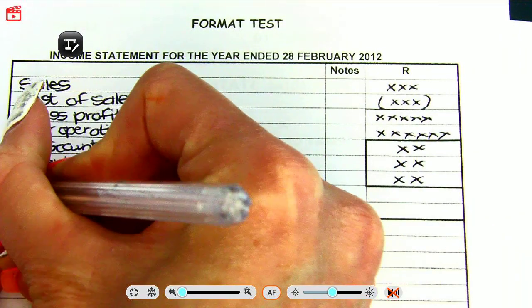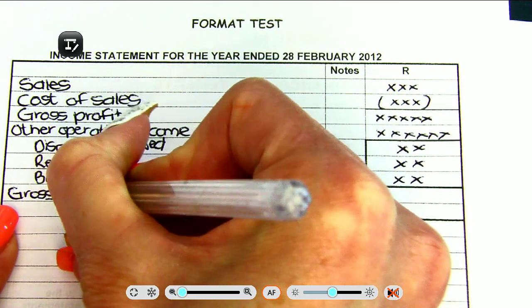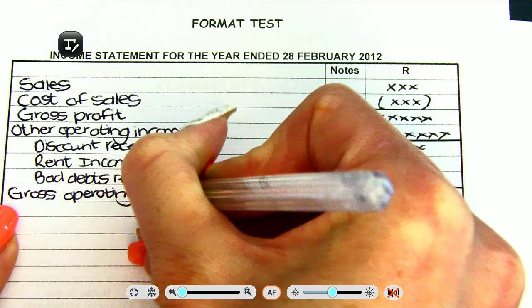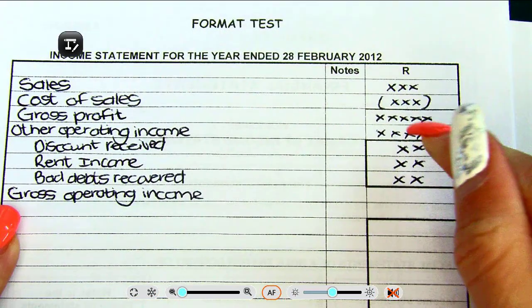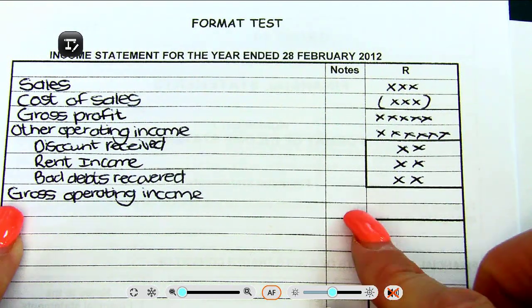Gross operating income. So can you see we've combined gross profit and other operating income to give me my gross operating income. Okay, which I will then add up.